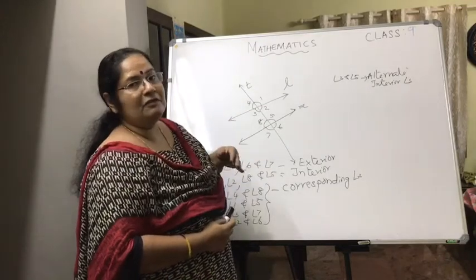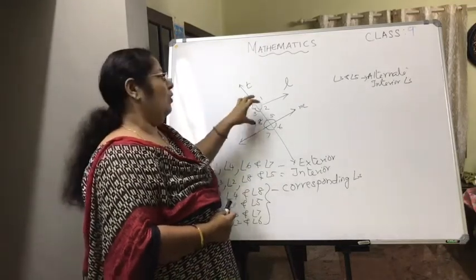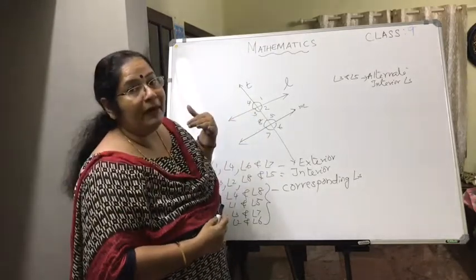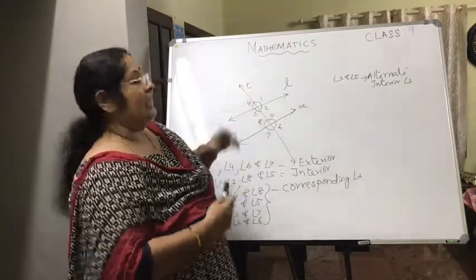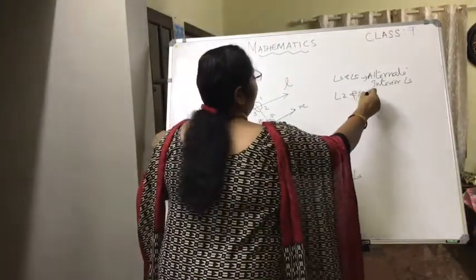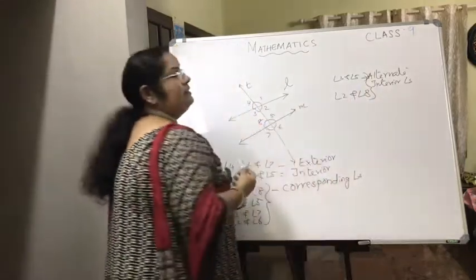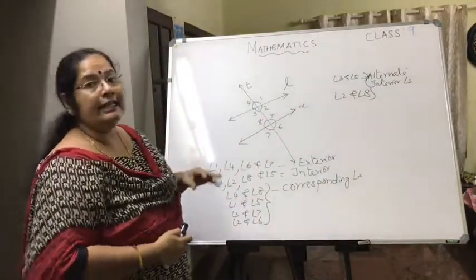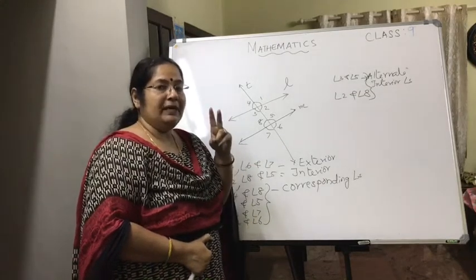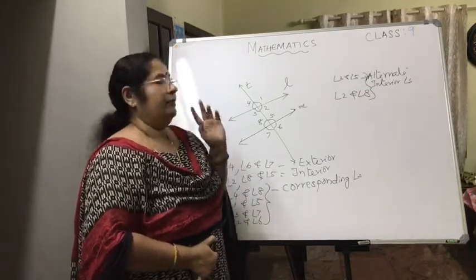With respect to the transversal, on opposite sides. And how are they placed with respect to the lines? Inside the lines. So they form a pair of alternate interior angles. So one more pair we are getting, angle 2 and angle 8. That also forms a pair of alternate interior angles. So how many pairs of alternate interior angles are formed? 2 pairs of alternate interior angles are formed.